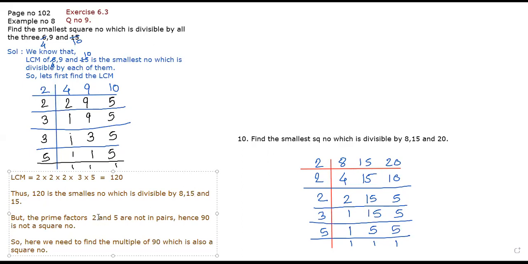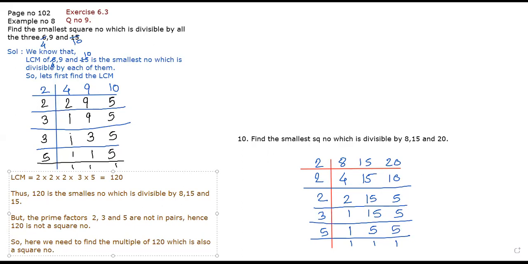But the prime factors 2, 3 and 5 are not in pairs. Hence, 120 is not a square number. So here we have to find a multiple of 120, which is also a square number.